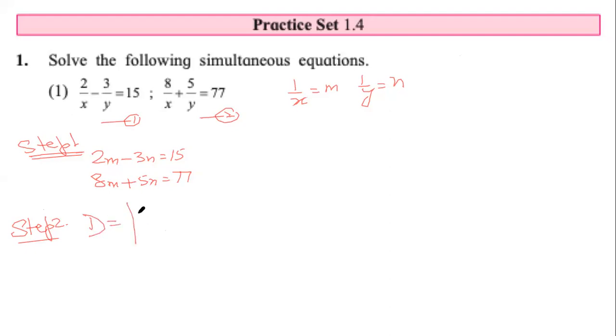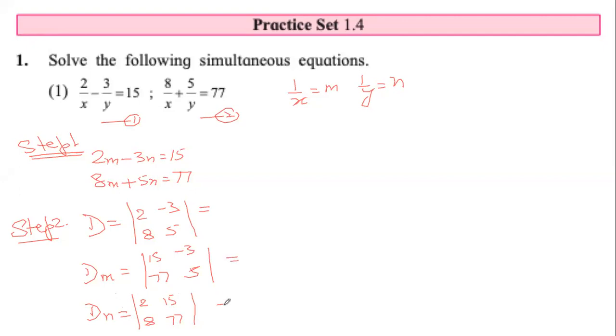You find the values: 2, 8, minus 3, 5; and 50, 77, minus 3, 5. You are calculating the values of these determinants.